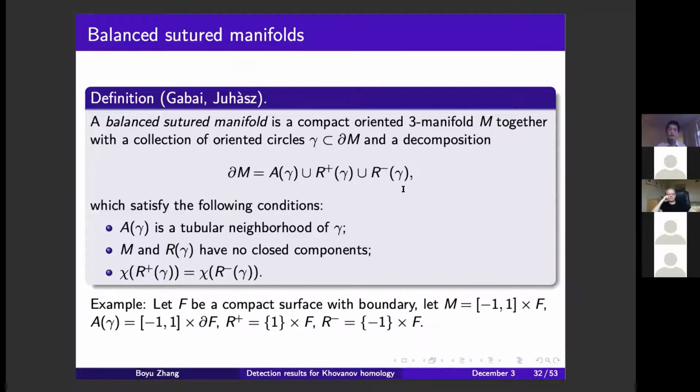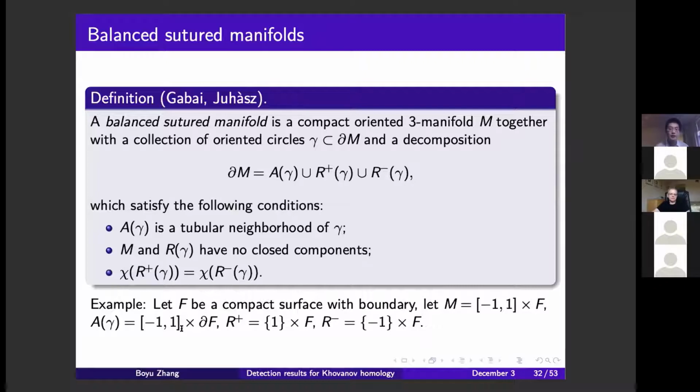So a typical example that we usually keep in mind of a sutured manifold is that we can take a compact surface with boundary and consider interval times this surface. The product space of the interval and the compact surface with boundary is actually a three manifold with corners. But of course, we can easily smooth the corners so that we can think of this as a three manifold with boundary.